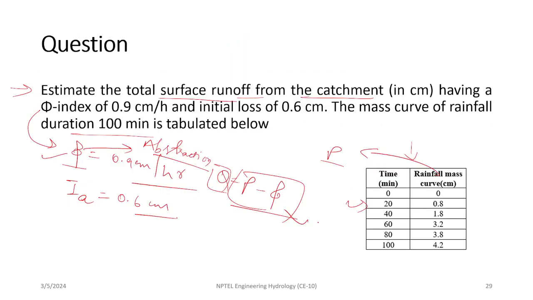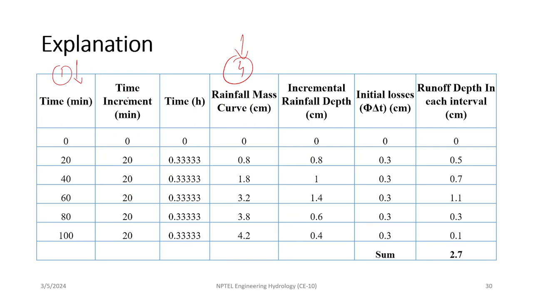This entire data was cumulatively recorded: 0, 20, 40. We don't know how much rainfall exactly occurred in between for each fixed 20 minute interval. That is why we prefer this time increment column.